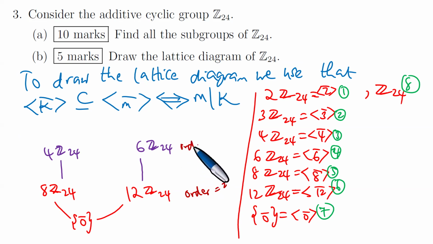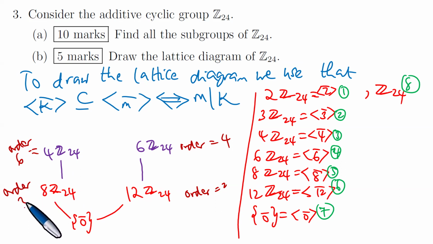And then order: divide 24 by 6 to get 4. And here divide 24 by 4, you get 6, so it's order 6. This one, divide 24 by 8, you get 3, so it's order 3.